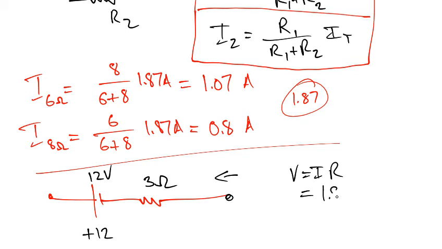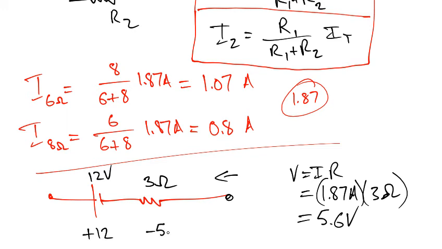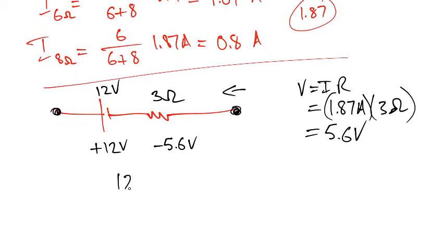All of the current goes through the 3-ohm. That's the 1.87 multiplied by the 3 ohms. And in fact, what we're going to get there is 5.6 volts. So this is now a drop of 5.6 volts. Now we know that the voltage between these two endpoints is 12 minus 5.6, which is equal to 6.4 volts.